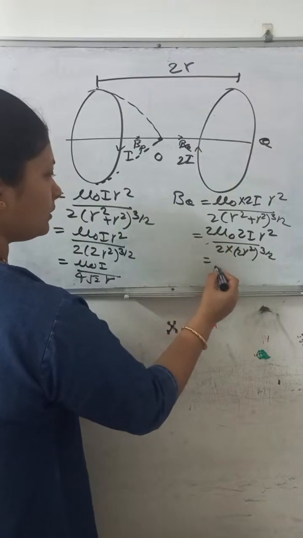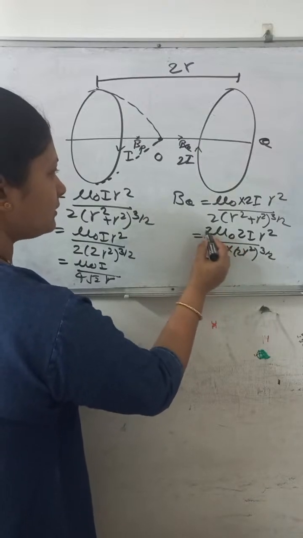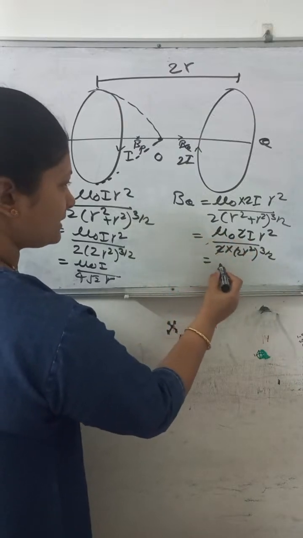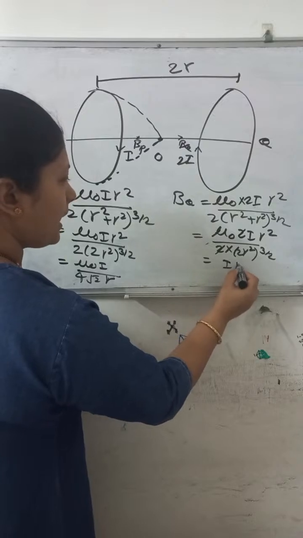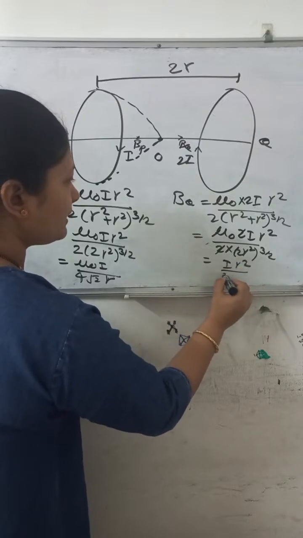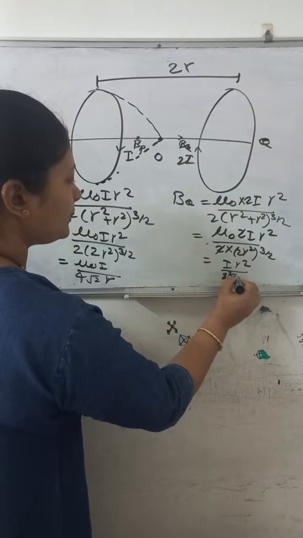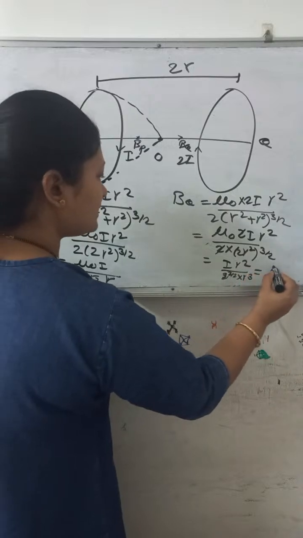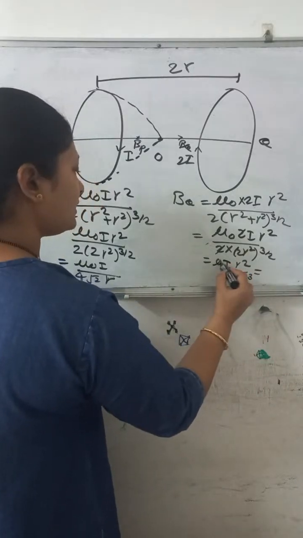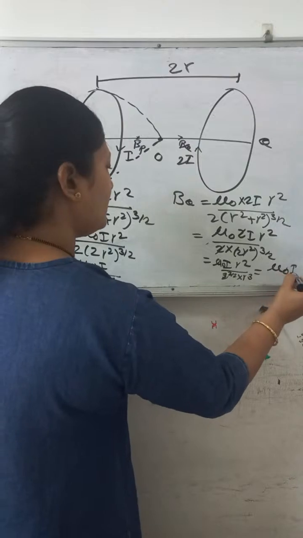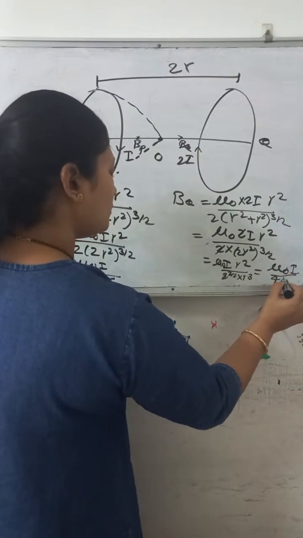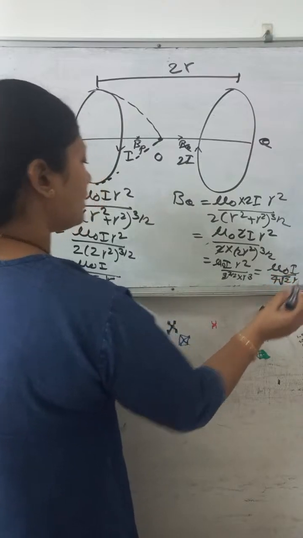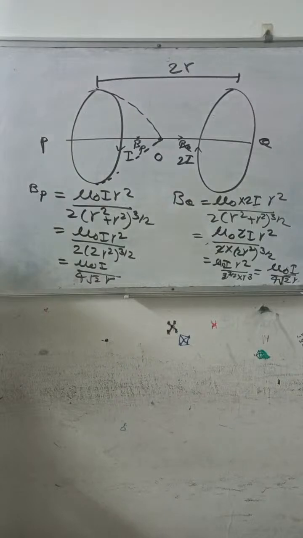So mu naught I R square upon 2 raised to 3 by 2 into R cube, R gets cancelled and you will get mu naught I upon 4 root 2 into R. So this much is the answer I am getting.